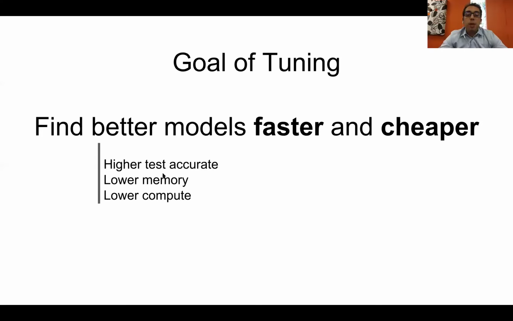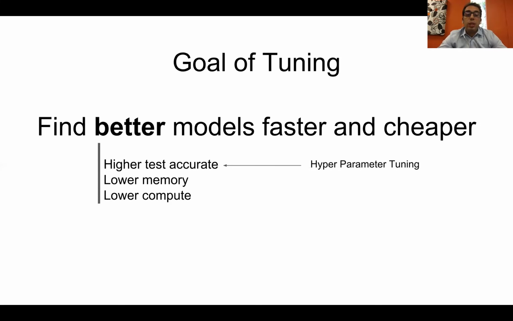And by better models, we usually focus on just finding higher test accuracy models. And that is what we call hyperparameter tuning, meaning finding the parameters that will increase the chance of finding better model accuracy.